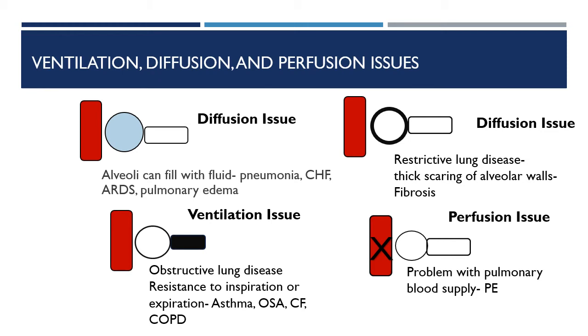Okay, so let's look at different conditions and decide whether it's a ventilation problem, a diffusion problem, or a perfusion problem. So in the top left, the white rectangle represents your airways, the circle represents your alveoli, and the red rectangle represents your capillaries.